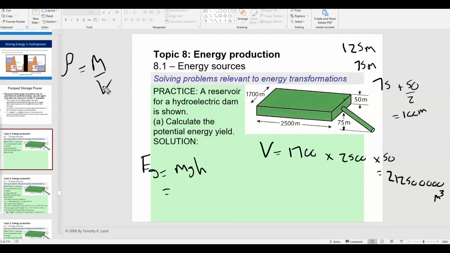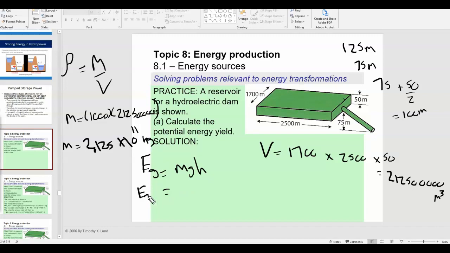And I said before, if you're not given this explicitly, you can assume that the density of water is 1,000. So if the density of water is 1,000 and the volume is this giant number, then I can calculate the mass of the water. I'm just going to use scientific notation. Multiply that by 1,000, and I get 2.125 times 10 to the power 11 kilograms.